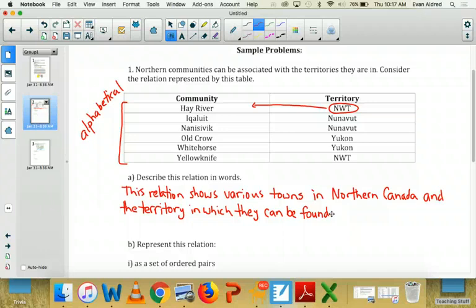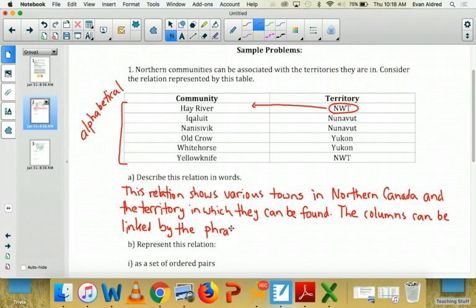So we would say something like, the columns can be linked by the phrase is found in.